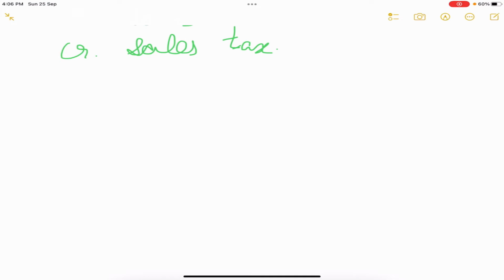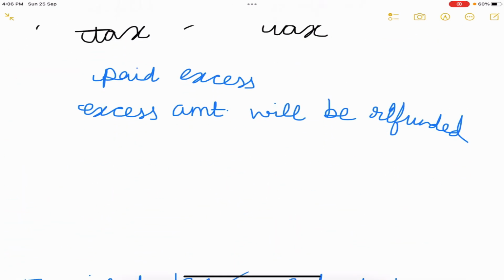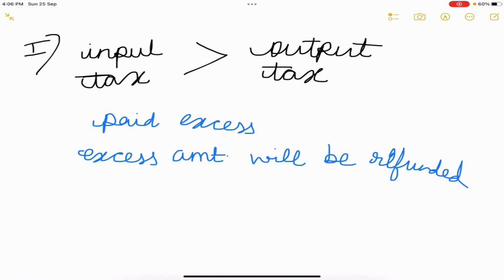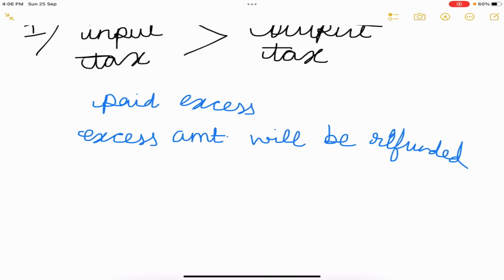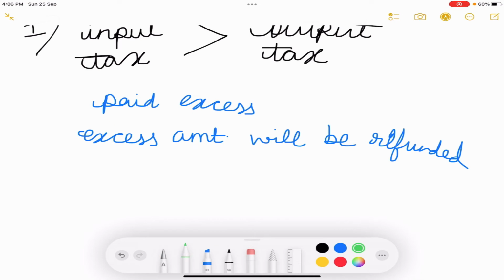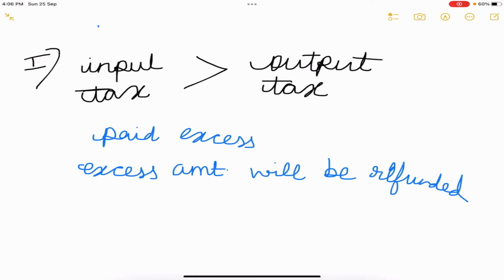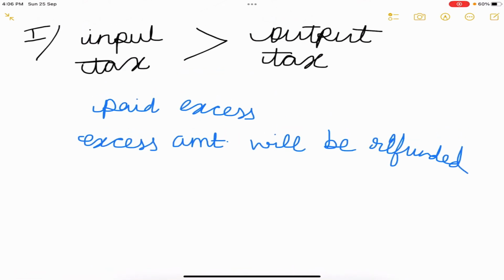Now let us see the balancing which we have learned. Let us see when the input tax is more than the output tax. You paid excess, so you will get a refund. Let us write the journal entry here. Let me just zoom out for a second.